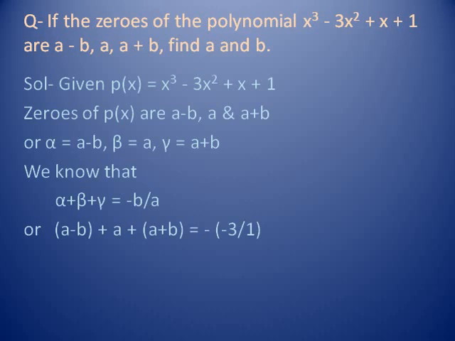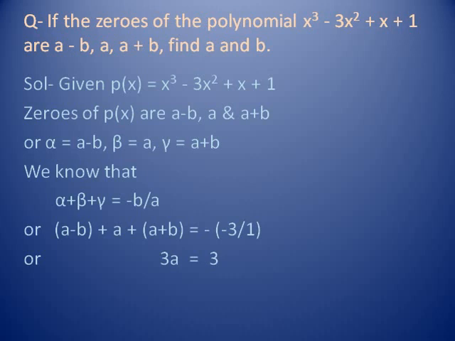When we solve the LHS, minus b plus b will be cancelled and we have a plus a plus a, therefore it is equal to 3a. On the right side, minus into minus will become plus, and 3 divided by 1 is 3. So we get 3a equals 3, 3 will be cancelled both sides, so the value of a is 1.